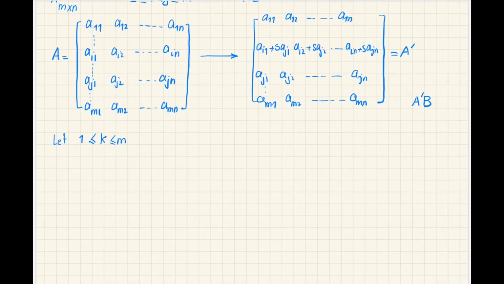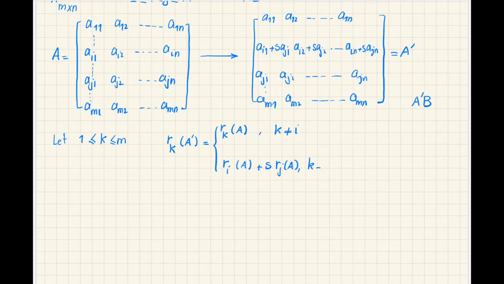Okay, so if I ask you what is the kth row of matrix A prime, you would answer that if k is not equal to i, it means that if I am talking about any row except the ith row, nothing has changed in this matrix, so it becomes equal to the kth row of the original matrix A. But if I ask you what happens if k is equal to i, then you would say that the ith row of this matrix is the ith row of the original matrix plus s times the jth row of the original matrix.